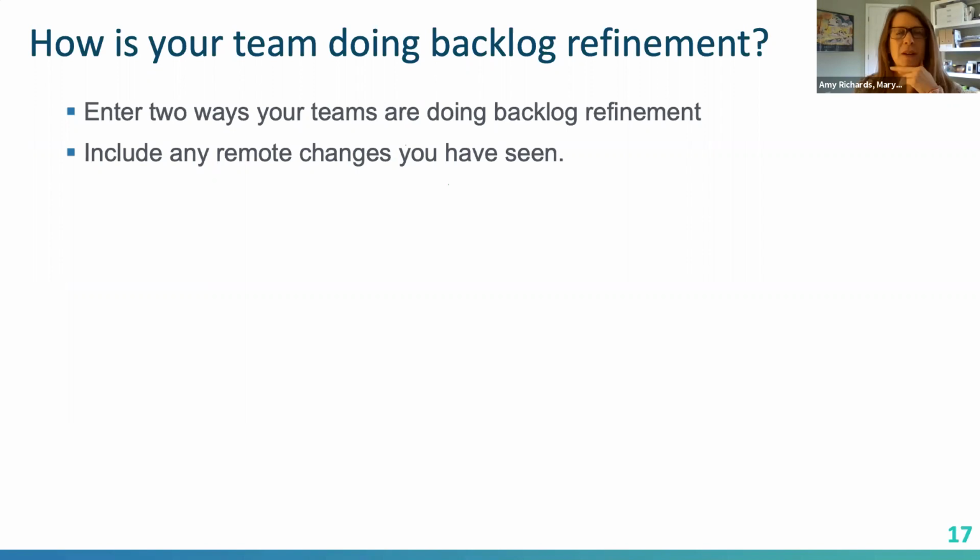So we would have a backlog grooming where we would ensure the story is well elaborated upon, and it's broken down into tasks, and it has a validation or acceptance criteria.